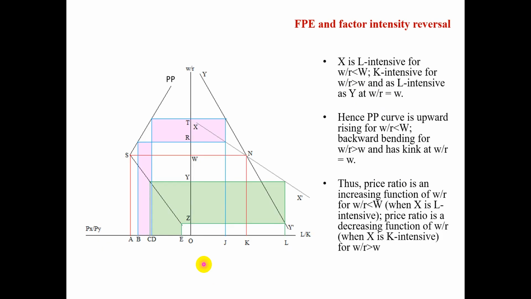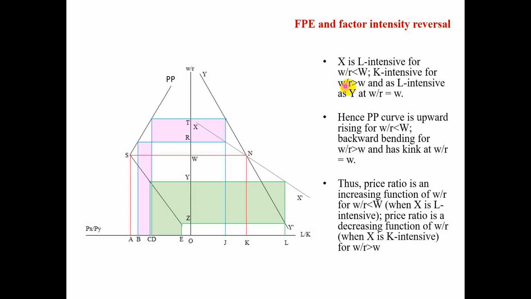Now we consider the case of the factor intensity reversal. So what is meant by factor intensity reversal? In presence of factor intensity reversal, commodities cannot be ranked unequivocally in terms of their factor intensities. So commodity X would be labor intensive for some wage rental ratio, and it will be capital intensive for some other wage rental ratio. So let us now assume that X is labor intensive for wage rental ratio less than W. So W is the critical wage rental ratio.